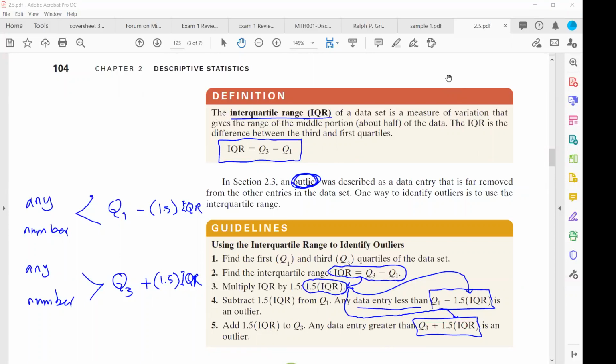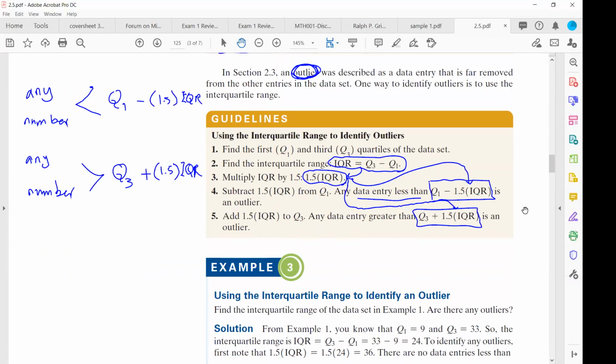Very well. Okay, let's see what's going on in one example to feel more comfortable about this guideline. Using interquartile range to identify an outlier, we're getting back to example 1.